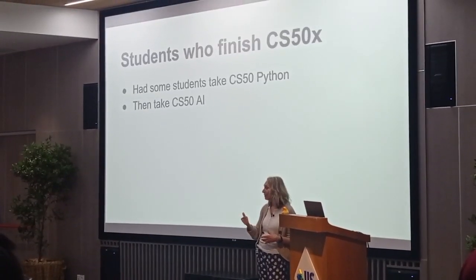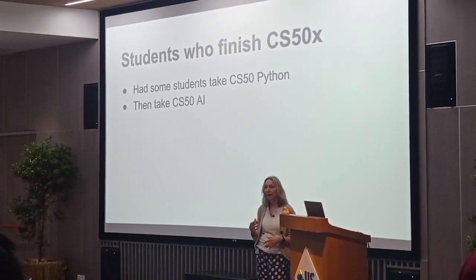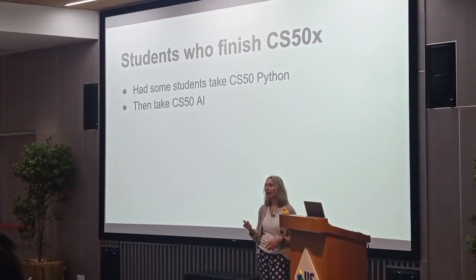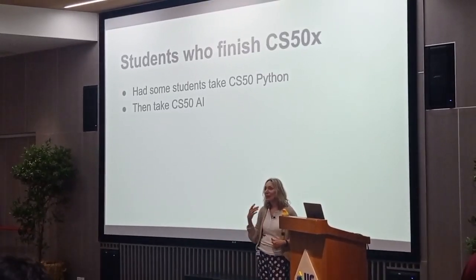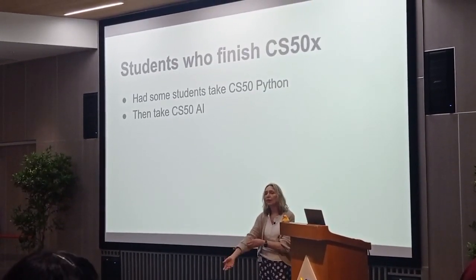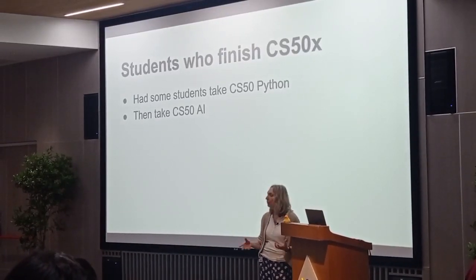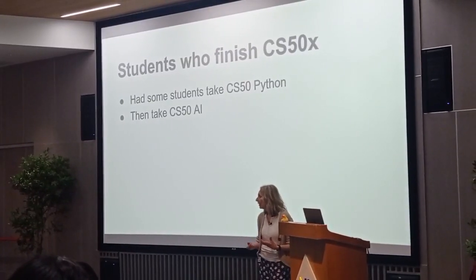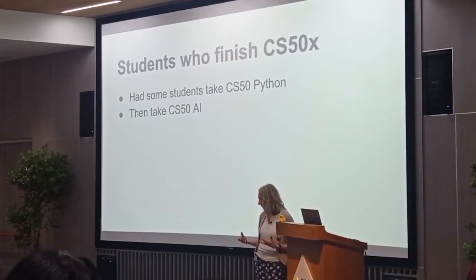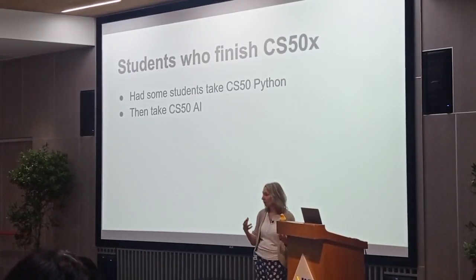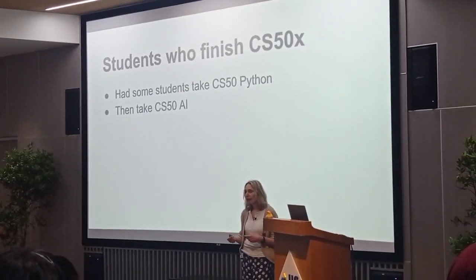Then I gave him the CS50 Artificial Intelligence curriculum. He finished that. And now I think he's working on the CS50 game curriculum. So the nice thing is that there are other things there in the CS50 universe that students can do. So if you have that very rare student, again, 150 students over 8 years, it doesn't happen often.